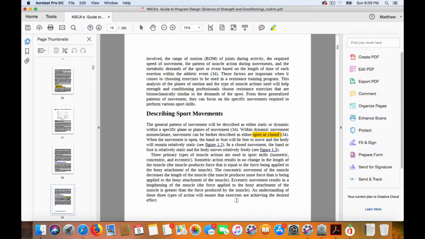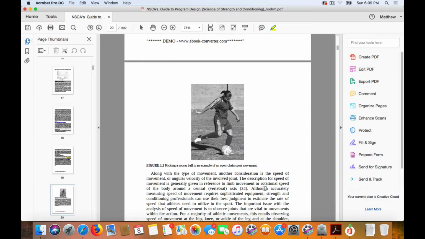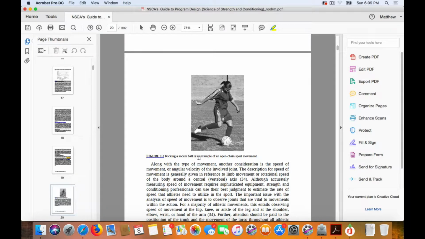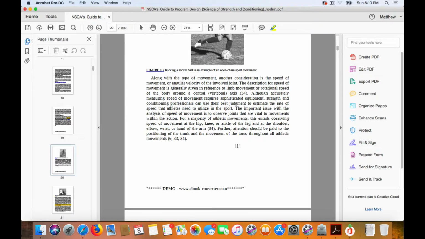Essentially, you have the open and closed dynamic of describing movement. So, kicking a soccer ball is an example of an open chain sport event, and then in American football, pushing against each other, the body is able to move, but the feet and hands are pretty stable. So that's a closed dynamic.